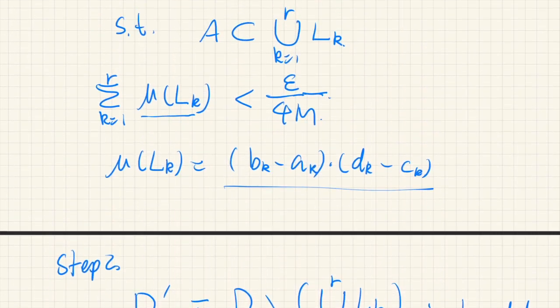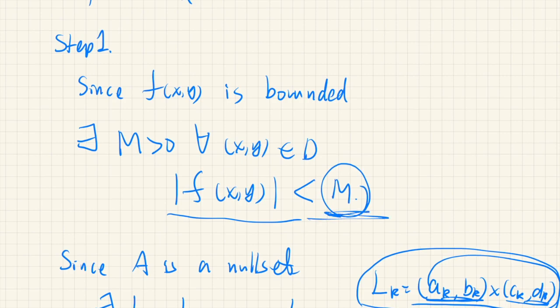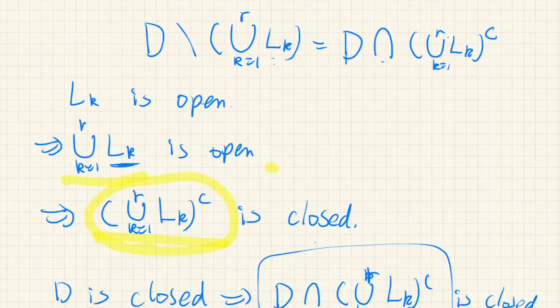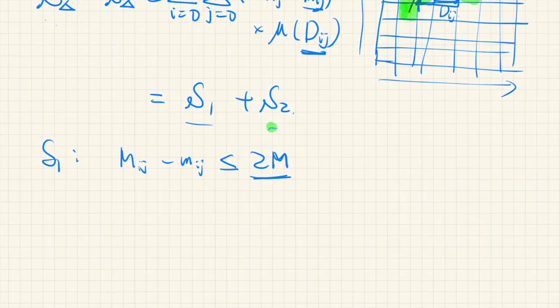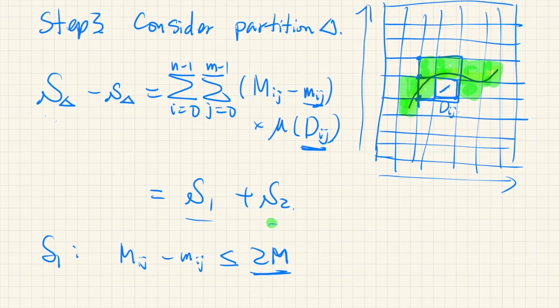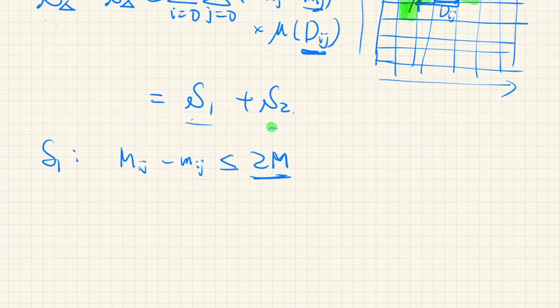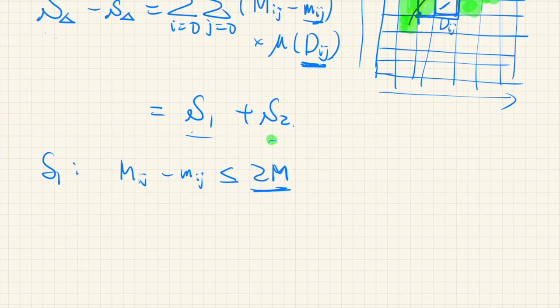This one, this M. So the maximum value minus the minimum value should be less than this, right? And because of the way we chose S1, these dij's involved in this sum S1 are a subset of some LK's. LK is a covering open rectangle of the null set.